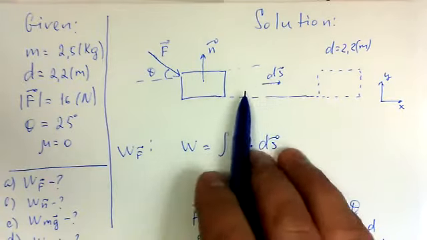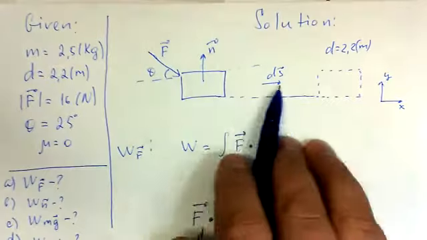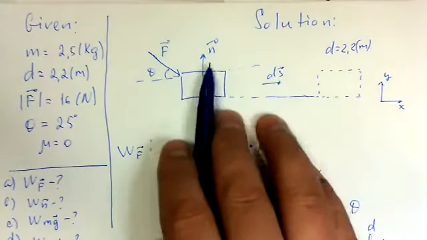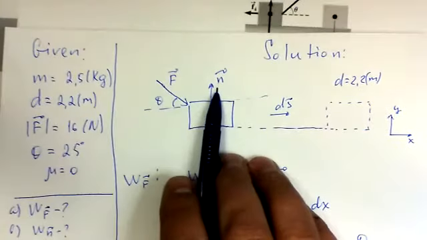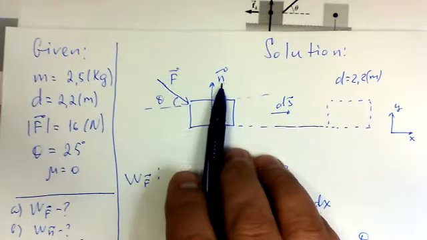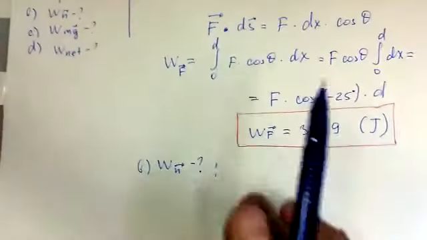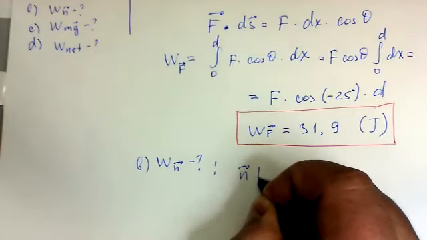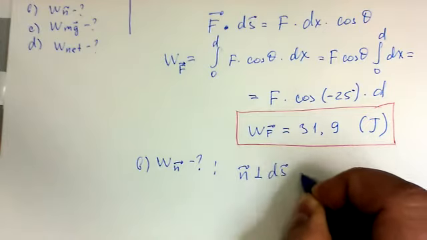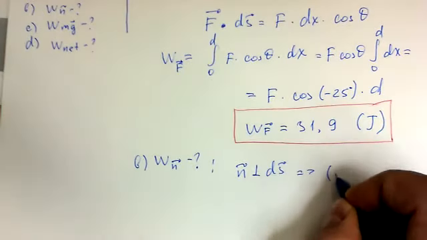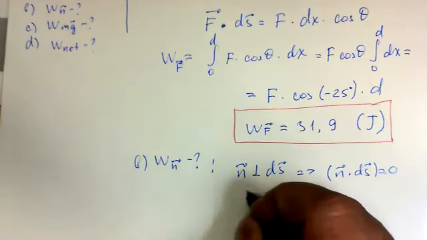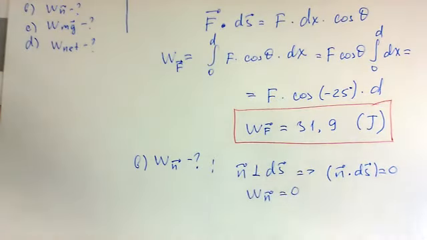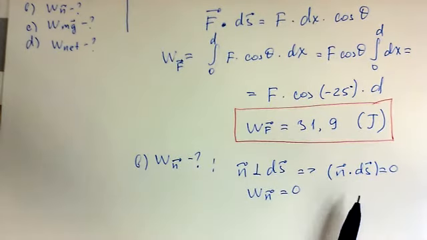The angle is 90 degrees, which means that the cosine of this angle is 0. That's why the normal force does not do any work in this process. Since N is perpendicular to ds, their dot product is equal to 0. So the work done by the normal force is 0, because work is the integral of this dot product.